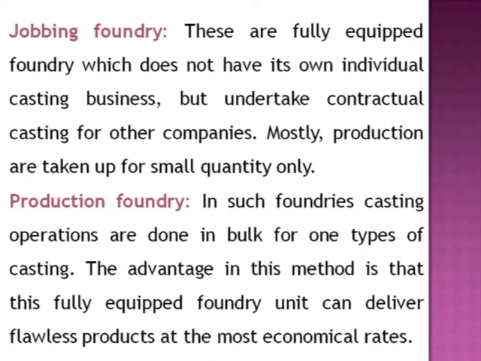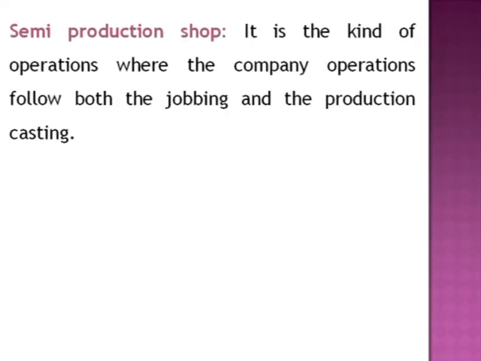Jobbing, the jobbing foundry produces a product for others, for other companies. Production foundry, they produce a product in bulk or mass production to make the product economical or cheap. And semi-production, if you combine jobbing and production casting, then it becomes a semi-production shop.